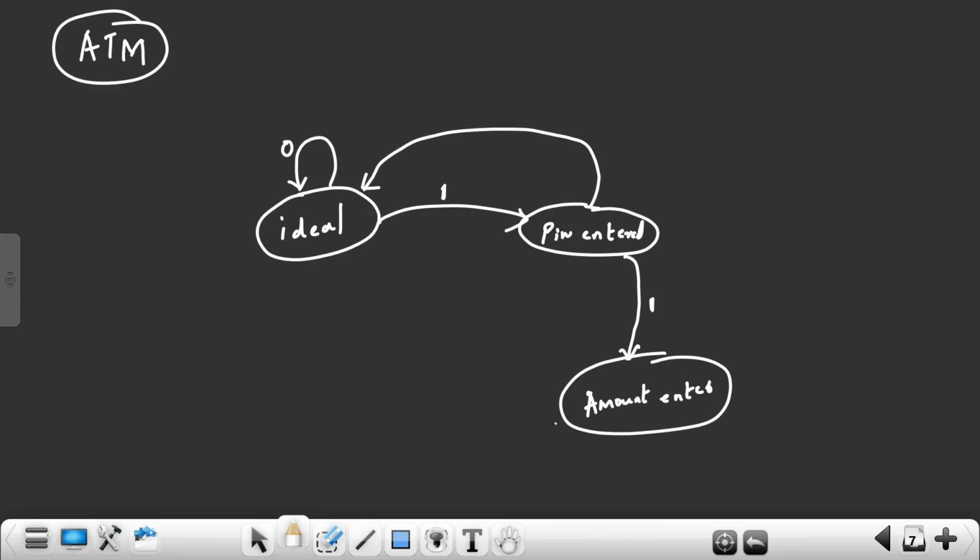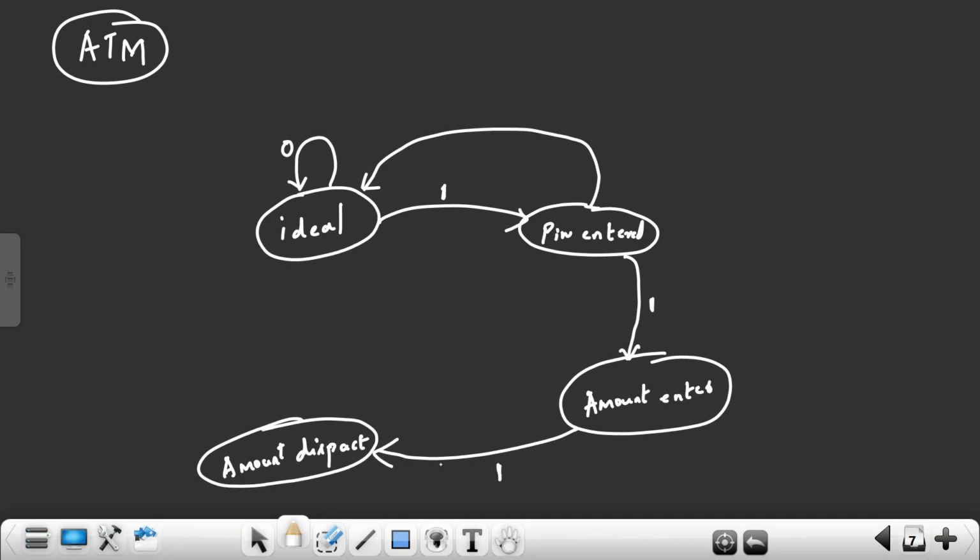Again, you are in the amount entering state. If the amount is entered properly, like 5,000, and you have the balance, then you will go to the amount dispatching state, which means giving the amount. This happens if you enter the proper amount and have sufficient balance. I have a balance of 5,000.